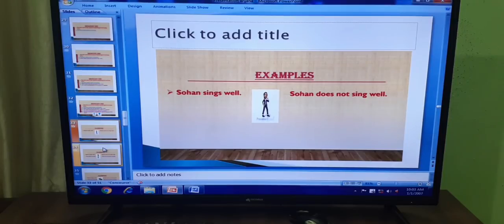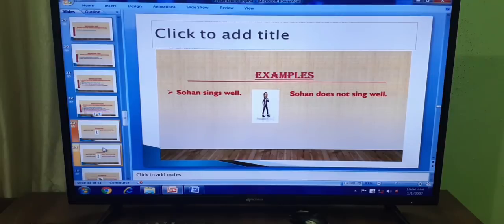Now first, what to do? Find the verb and bring it into base form. Step number 2, what do we have to do? Find the subject. The subject over here is Sohan. So Sohan is singular or plural?